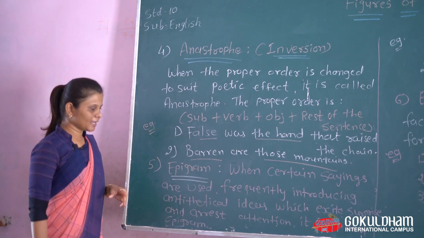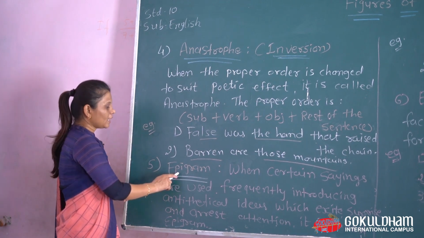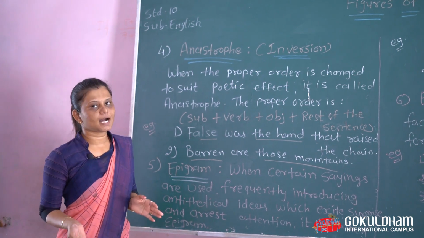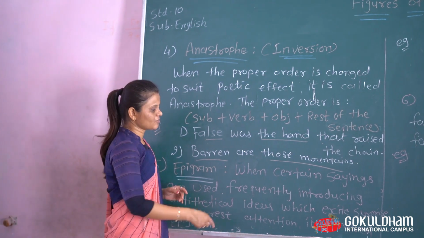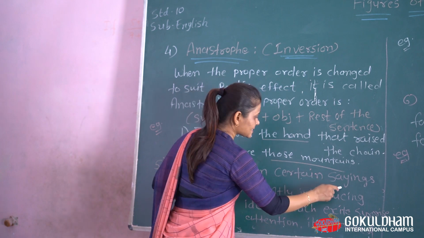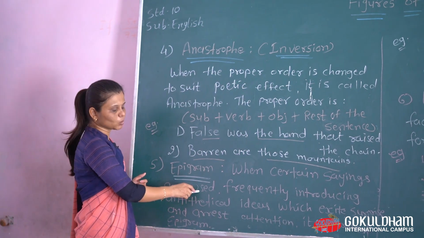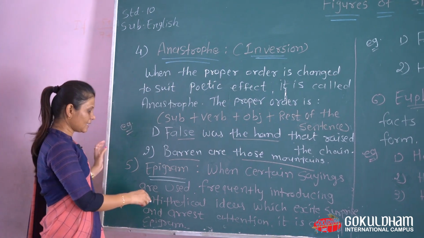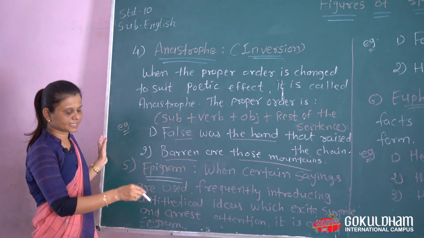Then next, go ahead. Number 5, epigram. Epigram is also a kind of contrast. Look at the definition: when certain sayings are used frequently to introduce antithetical ideas.